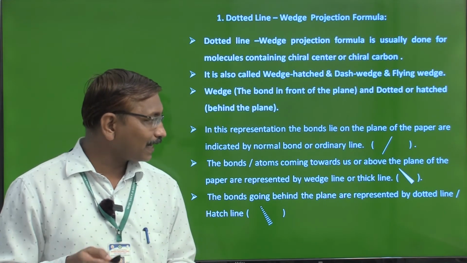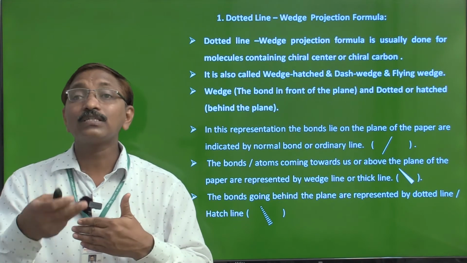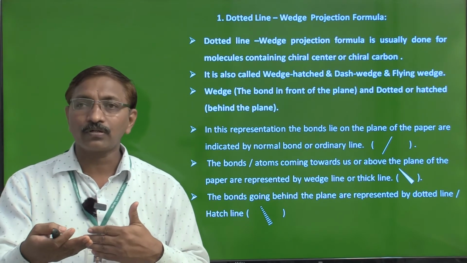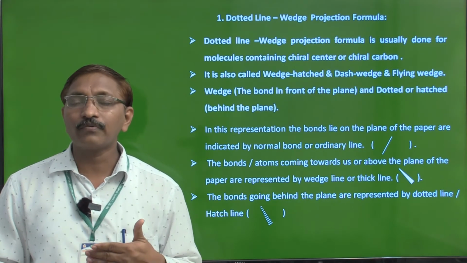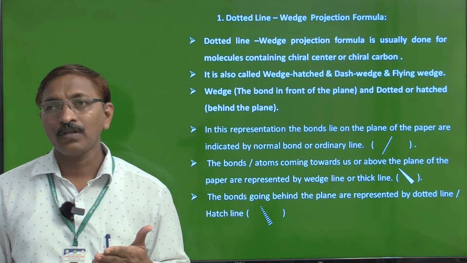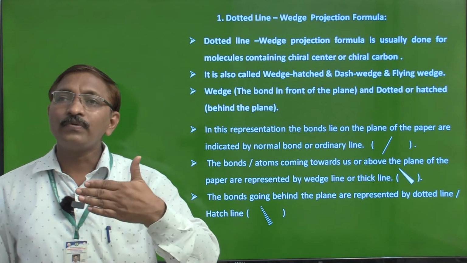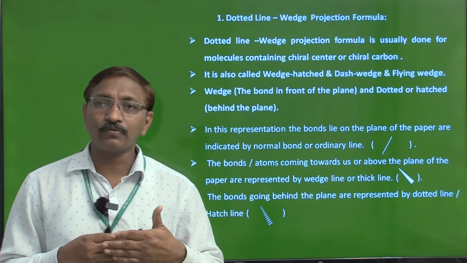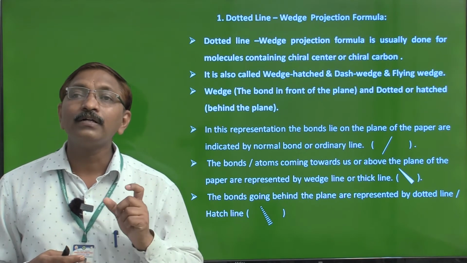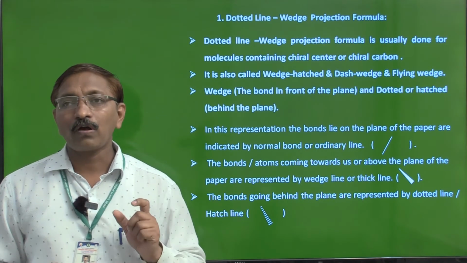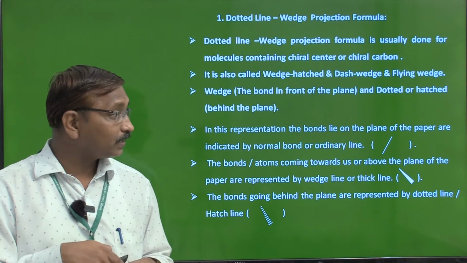While the bonds or atoms that are towards the observer, towards you, are represented by a thick line, or we can call it a wedge line. On the contrary, the bonds which are going away from the observer, or are behind the plane, are represented by a dotted line or dashed line. So it is represented by the dotted line.